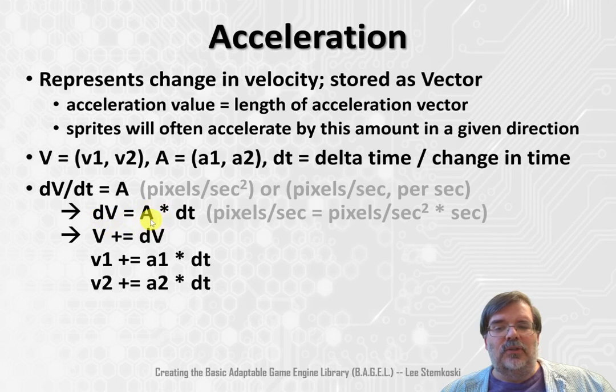Well, a quarter of that acceleration is applied to velocity. Right? 200 times 1/4 would be 50. So your velocity would increase by 50 pixels per second over the course of that quarter second.